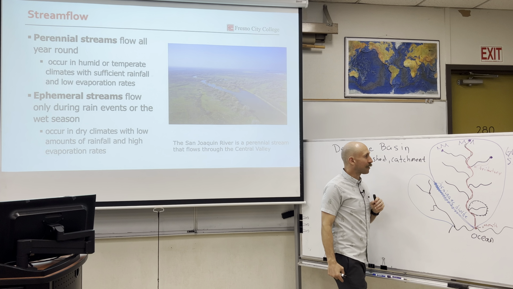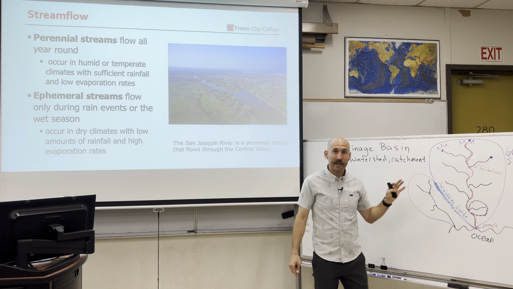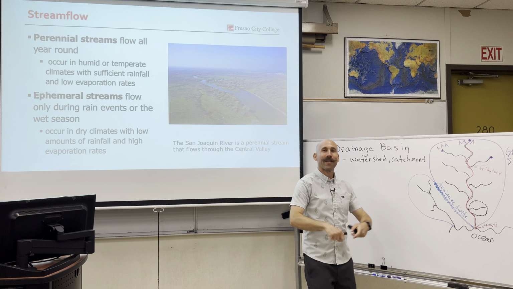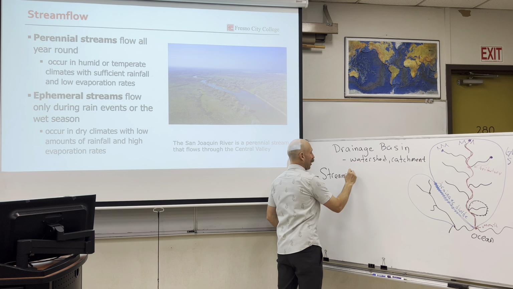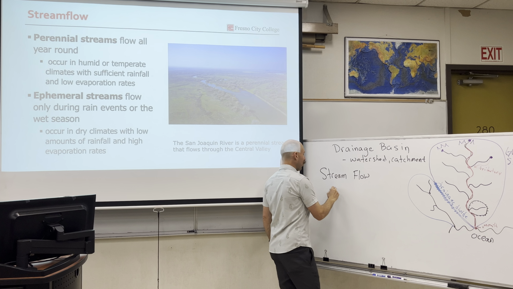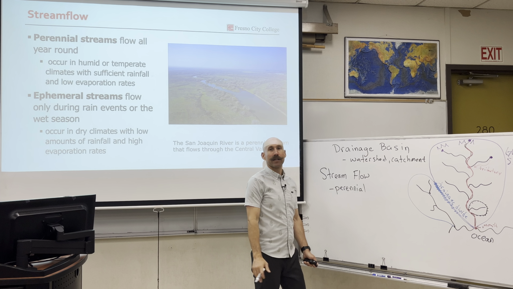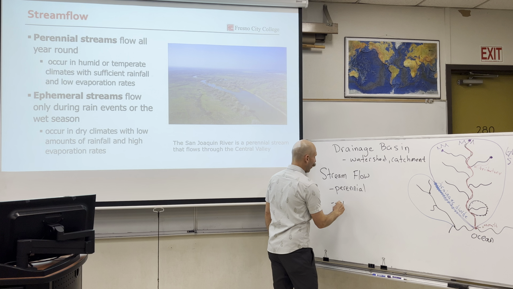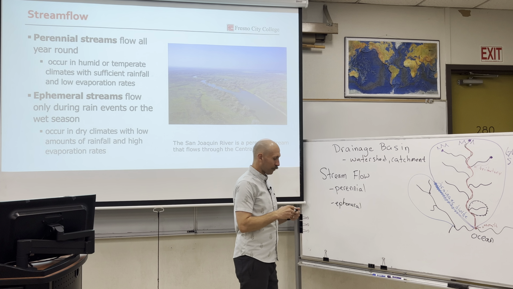Awesome. The drainage basin. Well, streams flow inside of these drainage basins, and the water that's moving within the rivers is actually called streamflow. I love it when things work out so directly. It's like, what do you call the flow of water inside of a stream? Streamflow. And we could say certain rivers flow all year long. They're known as perennial. Other rivers only flow when it rains, and these are called ephemeral.